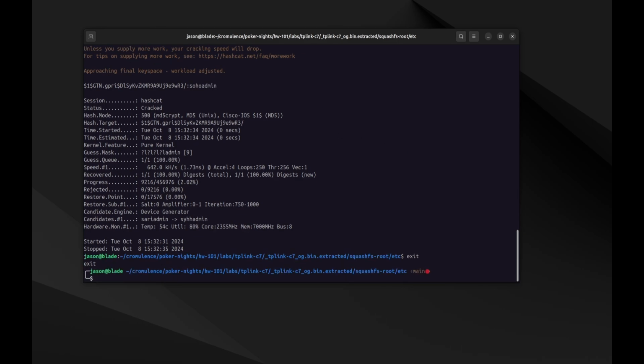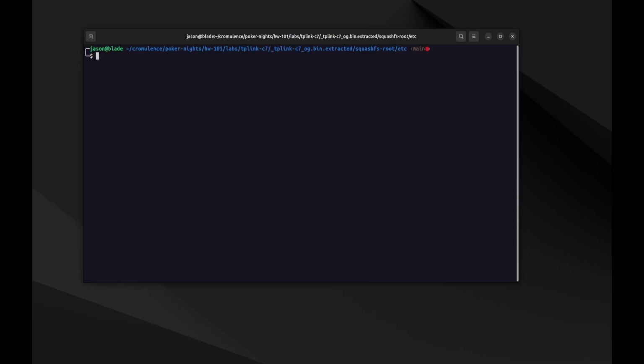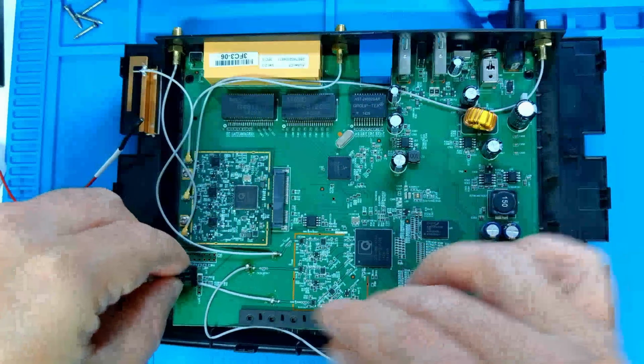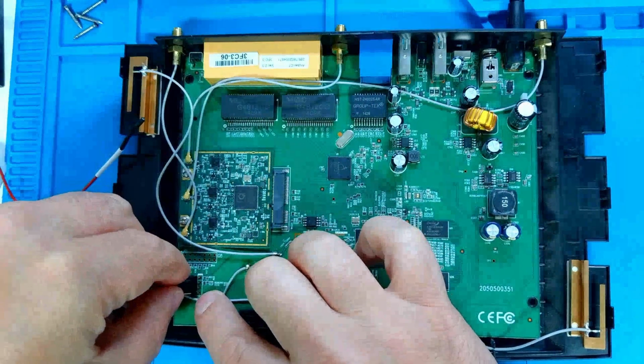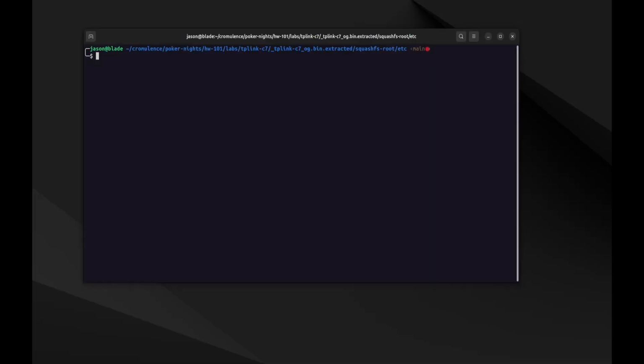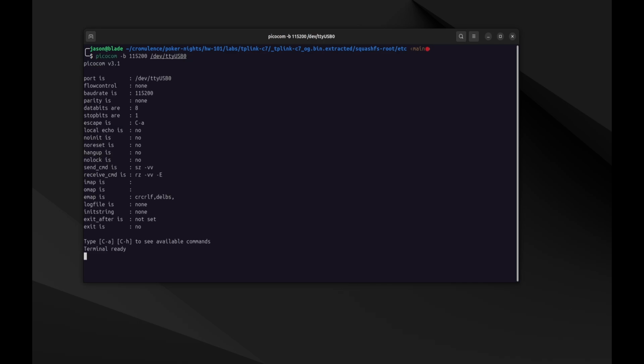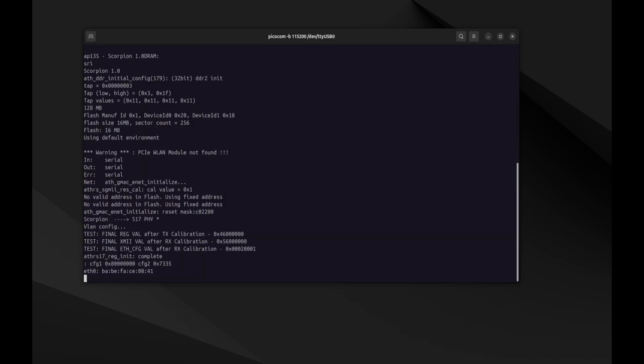So we can go back now, and we're going to connect to that shell again and see if we can try with the credentials root, Soho admin. So we can open our terminal back up, power on the device, and we'll wait for that to finish booting.